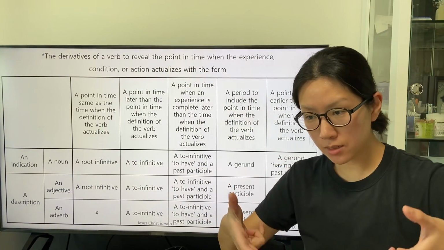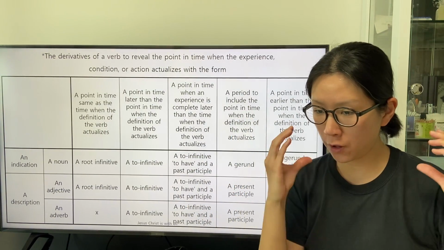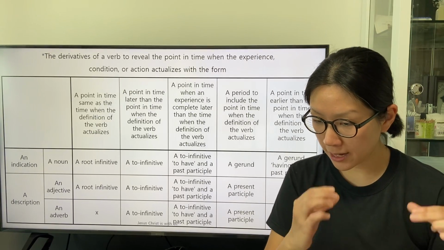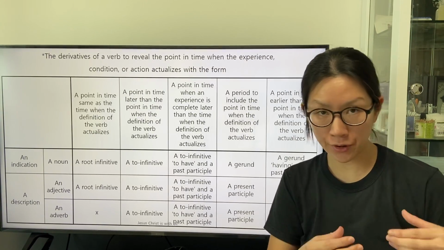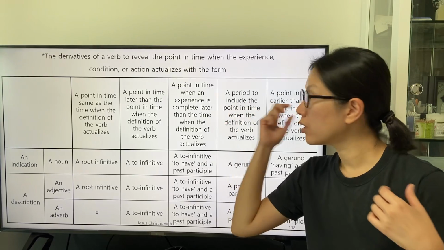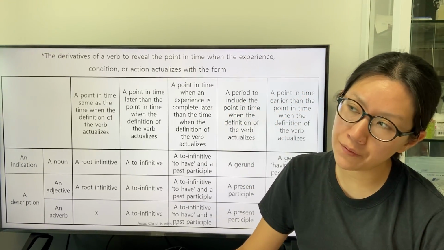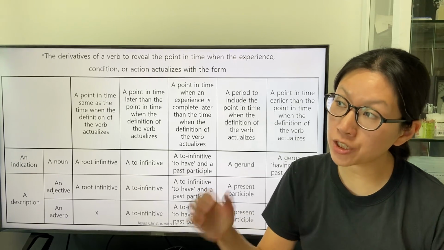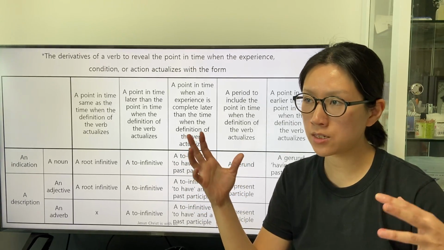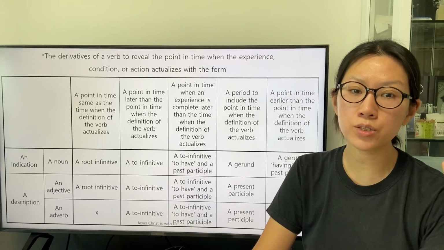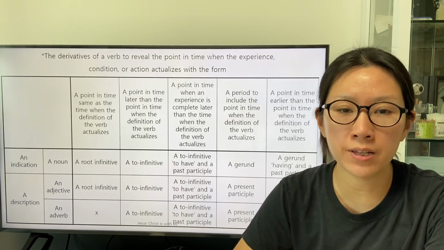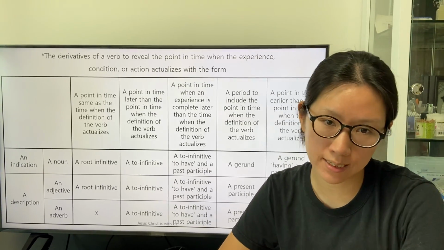And this form of a body that has the same form as a verb and the suffix ing reveals a period, reveals that the actualization of this derivative needs a period to include the point in time when the definition of the verb actualizes.